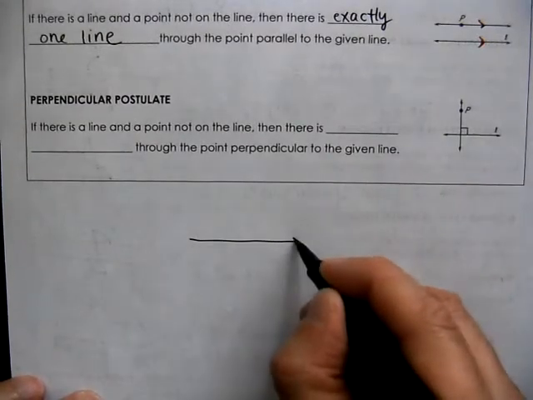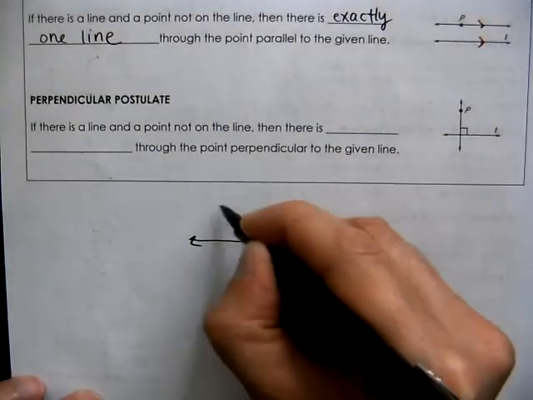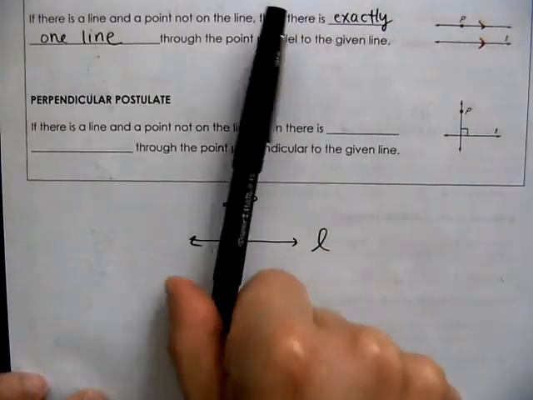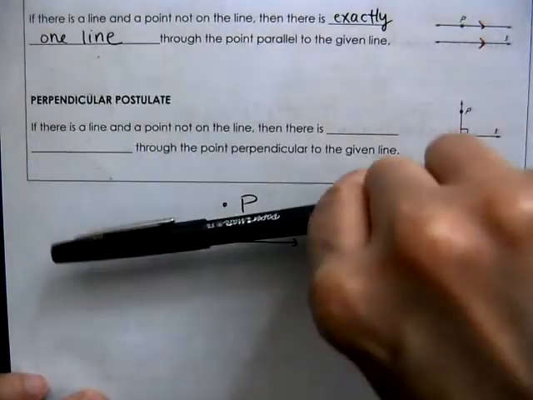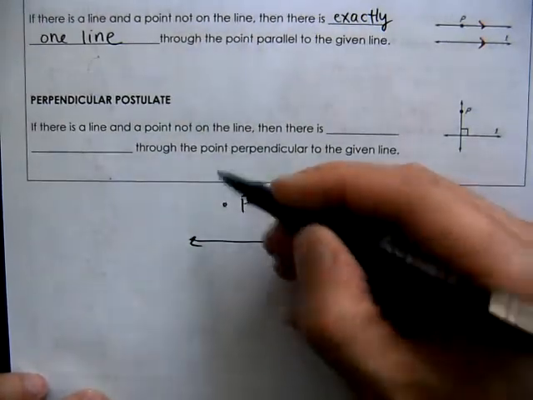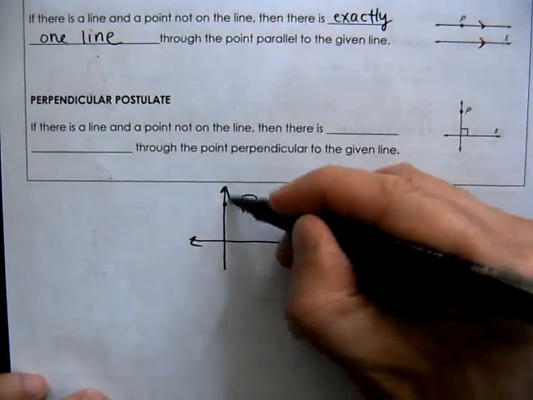It's almost the same now with the perpendicular postulate. If I give you one line and one point not on the line, how many lines would there be going through point P that is perpendicular to line L? So again, there's lots of possible lines that could be drawn through point P, but there's only one that would be perpendicular.